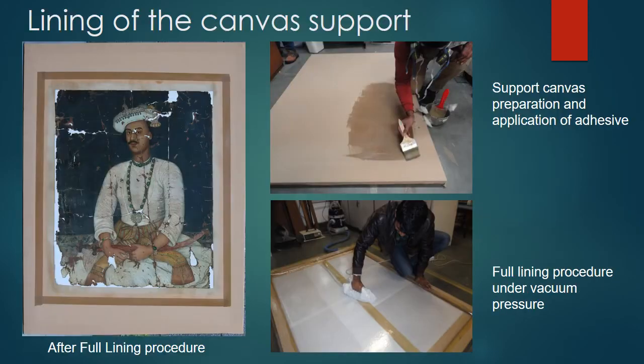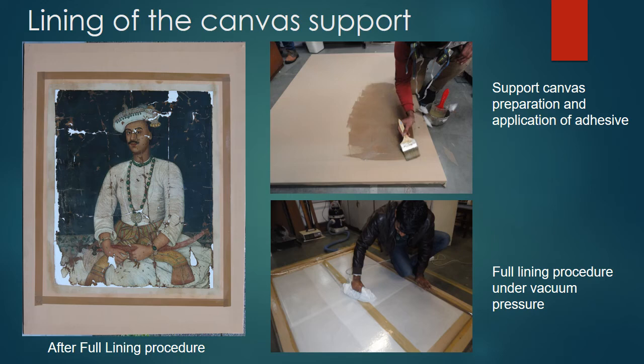Lining of the canvas support. The lining process is described as a method by which a new cloth material is adhered to the back of a painting whose canvas has weakened to such an extent that it can no longer support itself. Lining was opted for as the original canvas was in very fragile condition and had many losses.